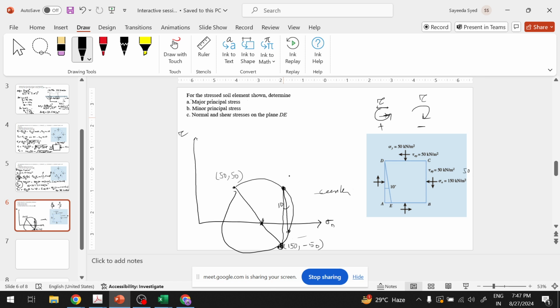Okay, this is called the pole of the Mohr circle. These two points from these two stress states we calculated, then we joined them and we created a circle around them.